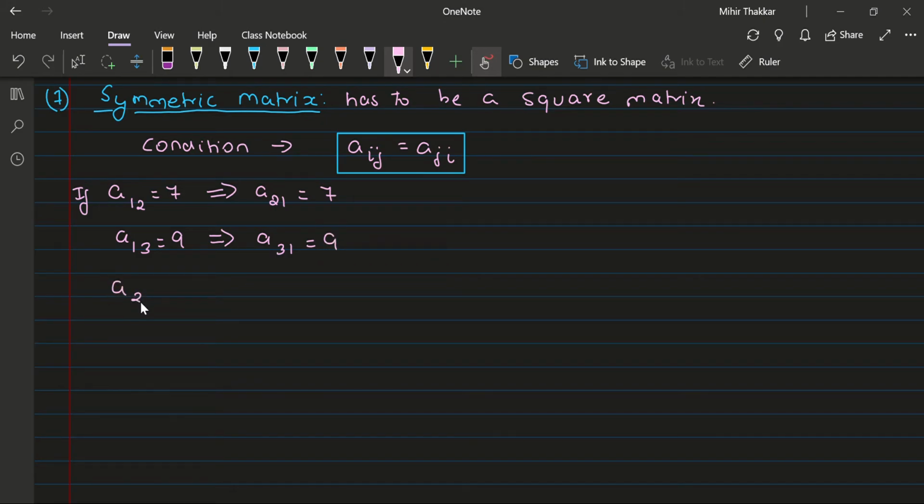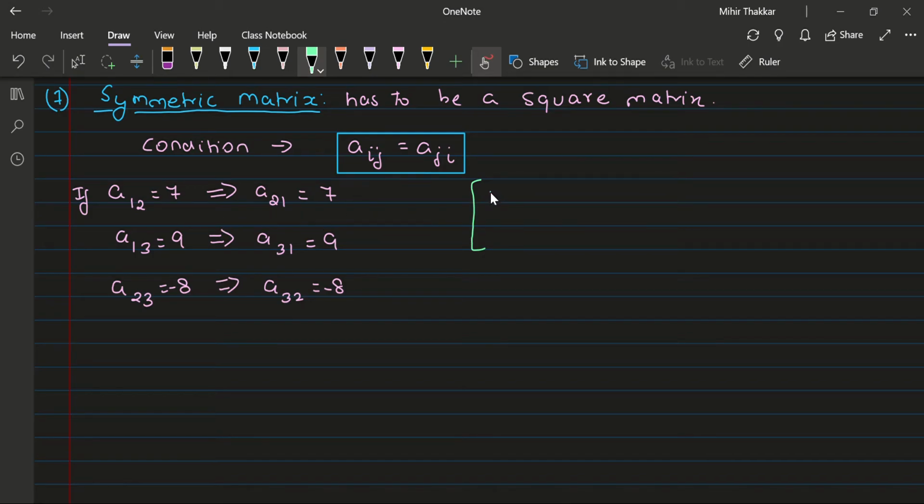If A23 is equal to 8, then it implies that A32 must also be equal to 8. In case it is negative, then this will also be negative. So if I write this in the matrix format, I get it like this.